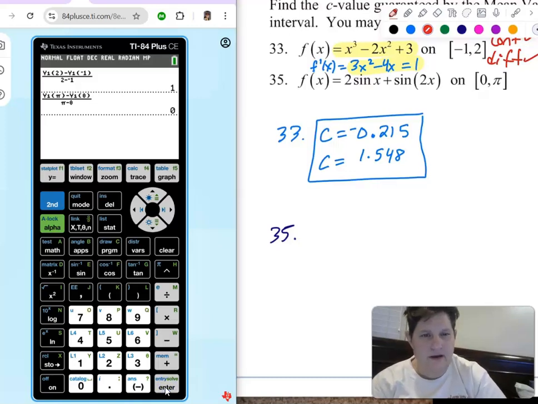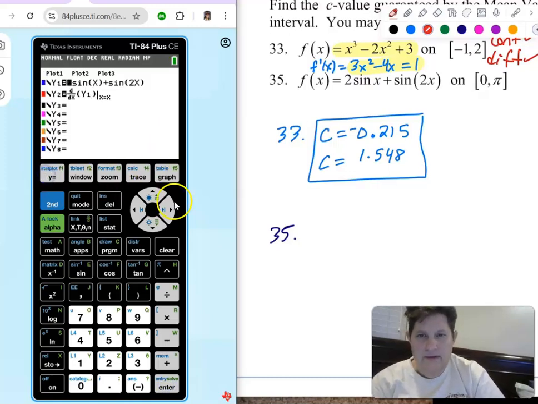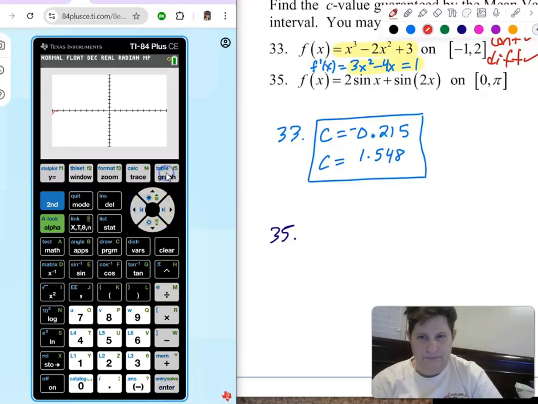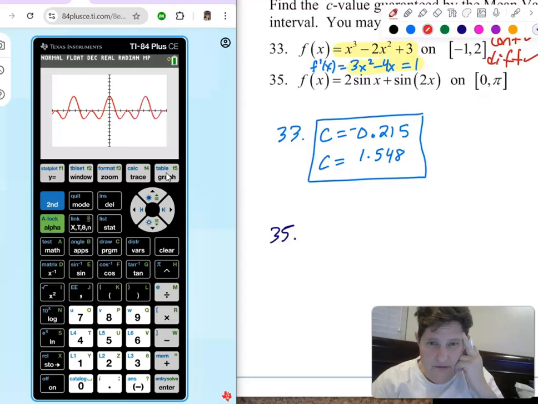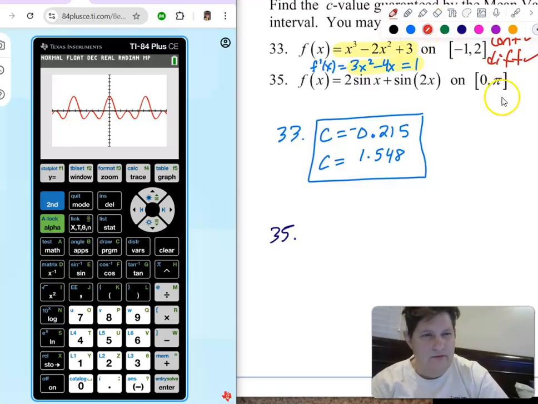Okay, easy enough. It's 0. So I can go ahead and put 0. Now, I'm going to turn off my first one. And I go to my graph. So it's graphing the derivative right now. And then it's graphing the slope. And I have to see where they're equal on the interval 0 to pi.